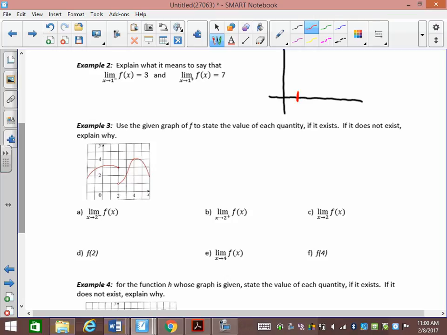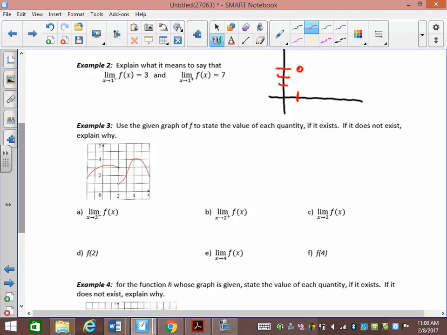Okay? So from the left, I'm approaching 3. So I'm going to do an open dot at 3. And then I need to somehow get there. So I could go up towards it. I could go straight across to it. I could come down to it. It doesn't matter, as long as when I get to that value, I'm approaching 3 from the left. So I could make a graph that comes down like this.